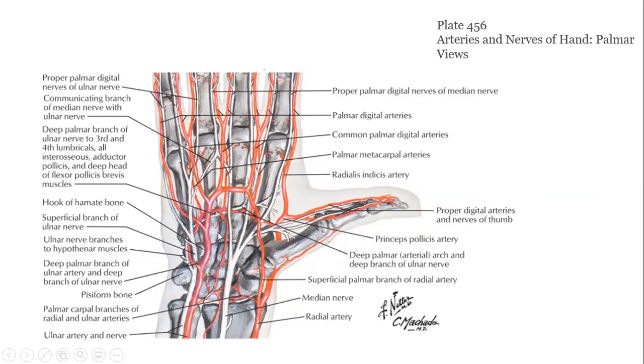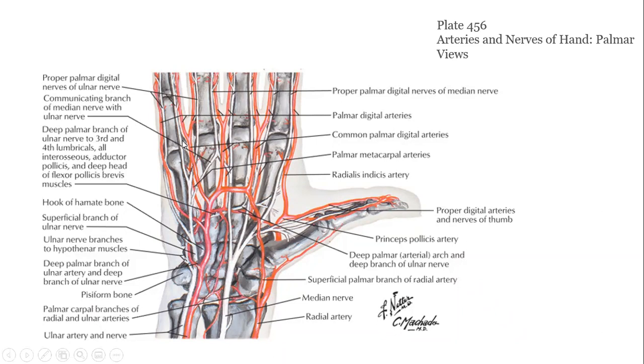It's not as easy to see in this picture, but a thing that I think is important to make note of: you can see branches coming off of your deep palmar arch as well as your superficial palmar arch. Those branches come together as the common palmar digital arteries.